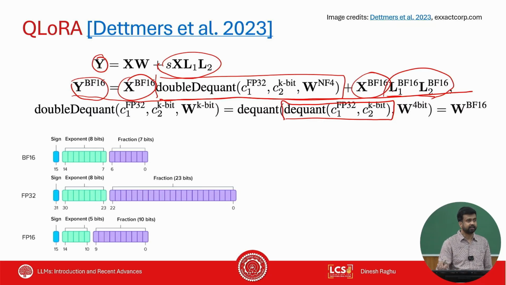And now again you dequantize your weights which are in normal float, and then you get back the double dequantized value, and finally you would use that to get the weight matrix in BF16, which again goes back here. Everything is in BF16 and you get Y in BF16. So this is the whole crux of QLoRA, and this gives an incredible amount of memory efficiency.